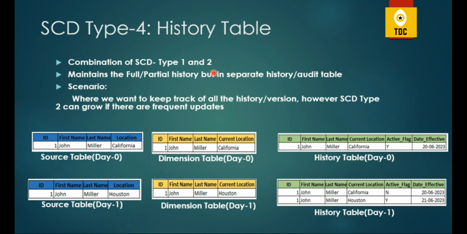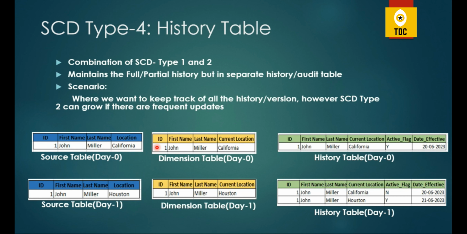This is also a good design, I would say, because you are not overloading the dimension table. One drawback of SCD type 2 is that if there are frequent changes, the dimension table itself can grow and lead to a performance issue.